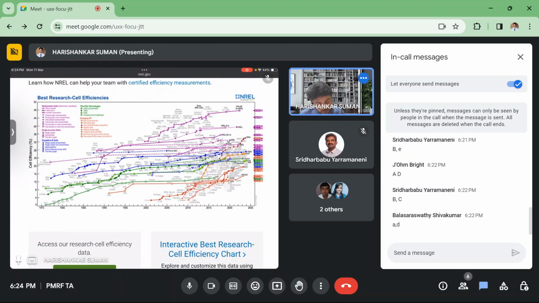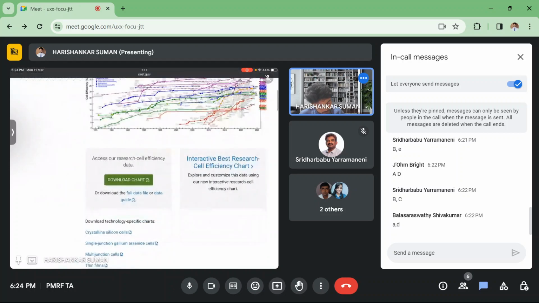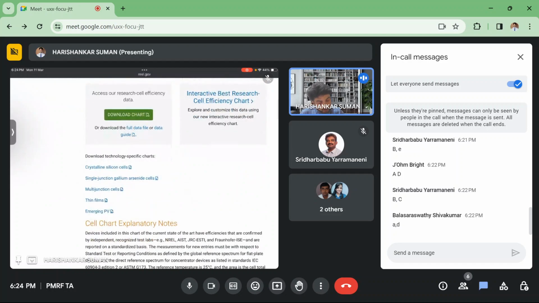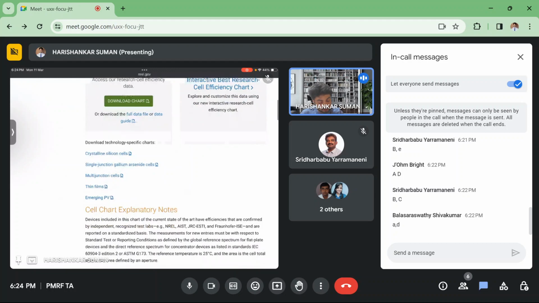You can see here is a download with techniques specified: crystalline silicon, single junction, multi junction, thin film and emerging PV.